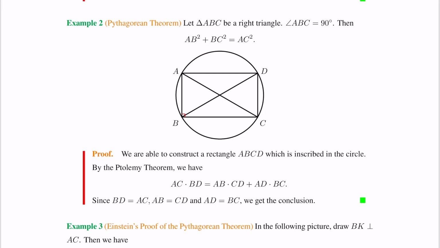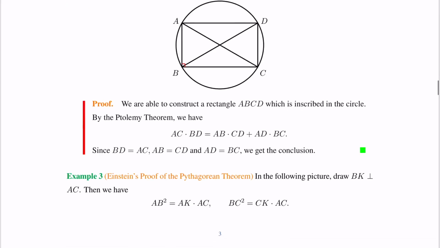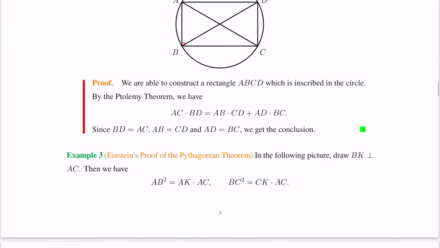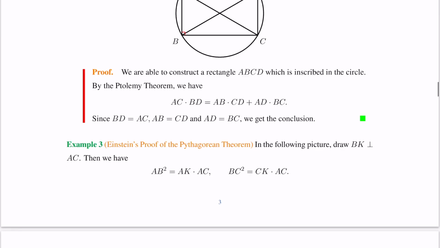So the third one is what people call the Einstein proof of the Pythagorean theorem. I don't believe Einstein was the first one to prove it. But the nice part is that we use a little bit of similar triangles. This gives us the simplest way to prove the Pythagorean theorem.